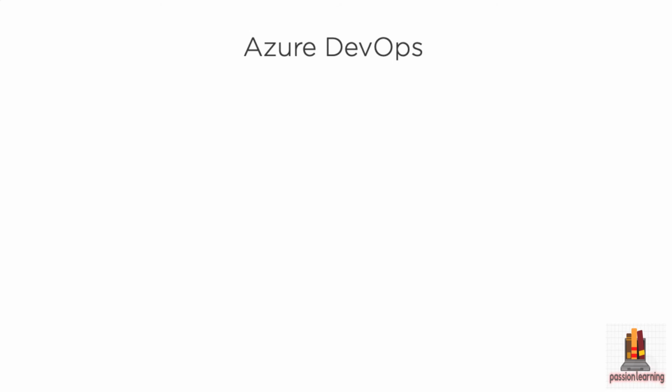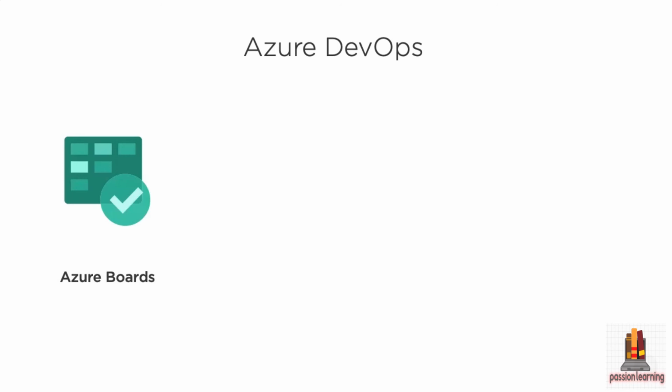Part of Azure, however, is Azure DevOps, which is a full software development lifecycle set of tools that you can also take advantage of if it makes sense for your organization. We have Azure Boards. This is your planning, your work items, your bugs, all of that sort of tracking. And you have Kanban style boards that you can use on top of this to manage your projects.